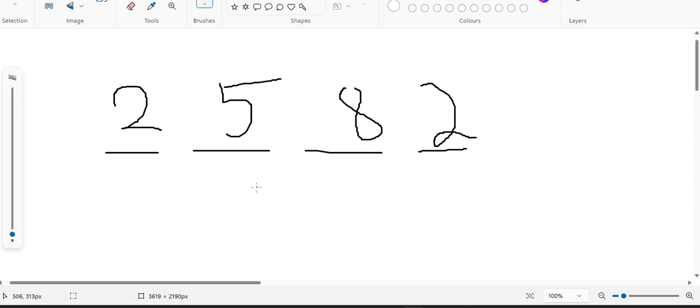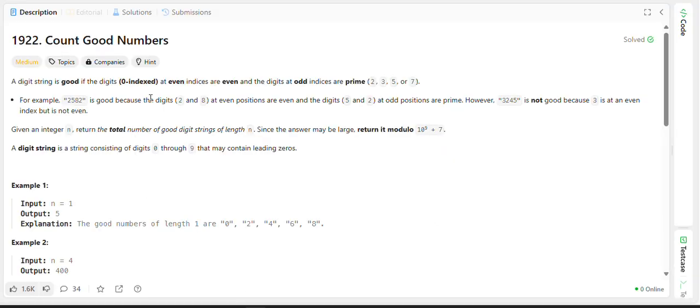My handwriting is awful because I'm drawing it with a mouse, not a drawing pad. So this is the zeroth index, this is the first index, second, and third. They have mentioned that we will be considering zero-based indexing. These are the small things that you need to focus on, otherwise your complete logic will be a mess.